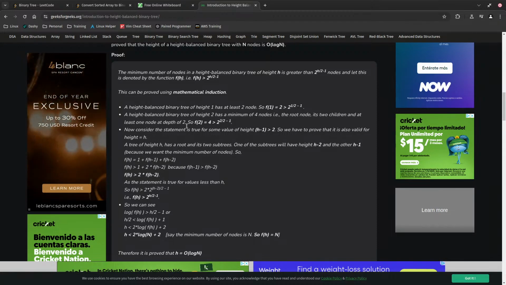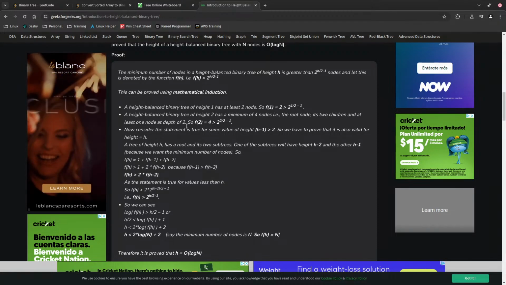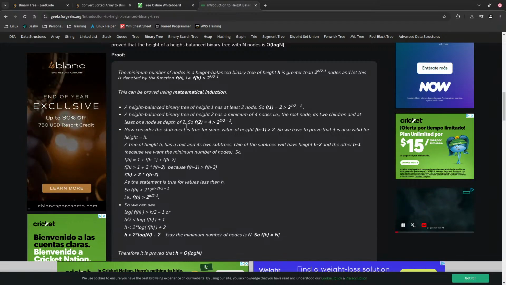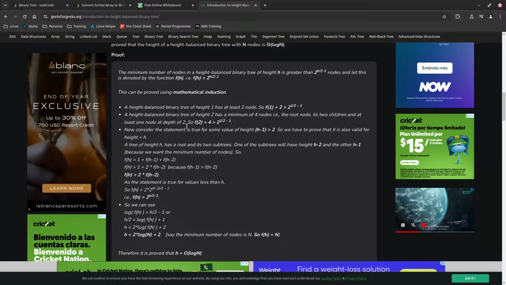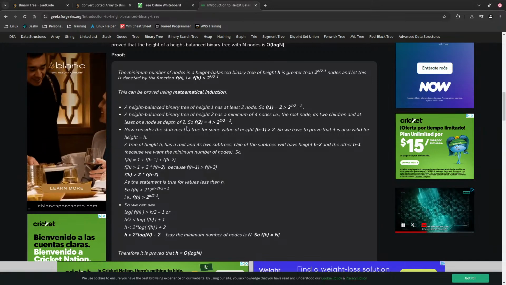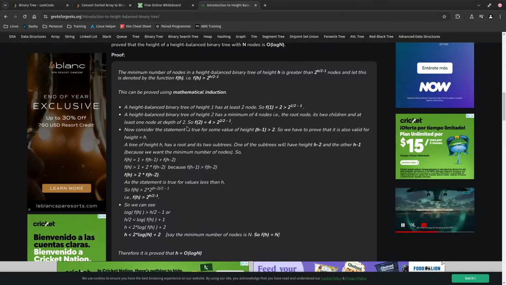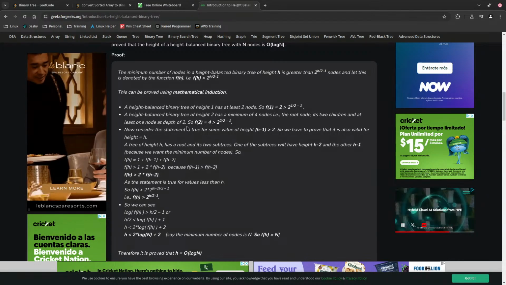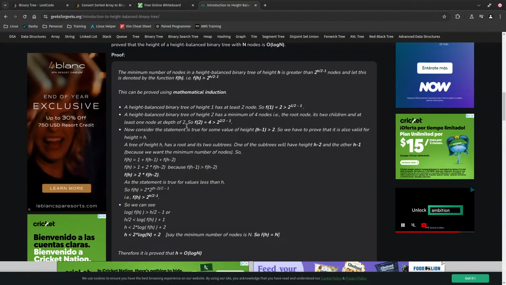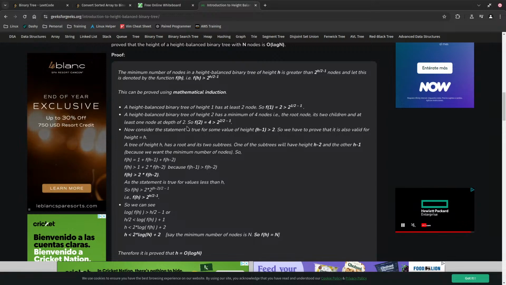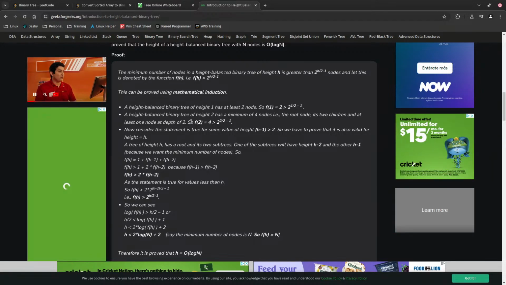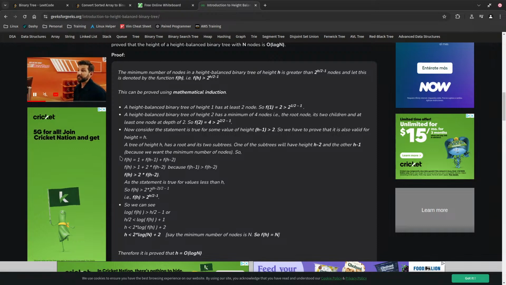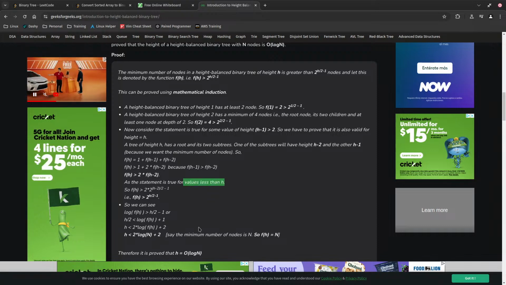One of the subtrees will have a height h minus 2 and the other h minus 1 because we want the minimum number of nodes. So 1 plus f(h minus 1) plus f(h minus 2). Okay, let's kind of skip past this a little bit. As the statement is true, the value less.